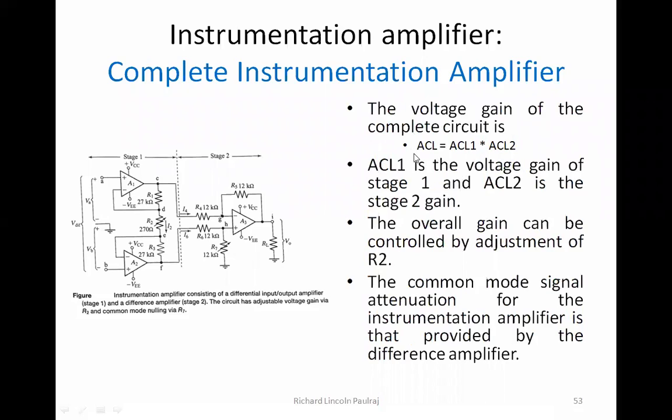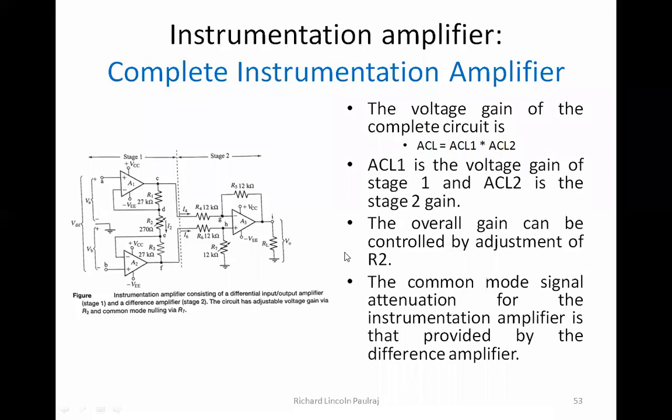ACL is equal to ACL1 into ACL2, where ACL1 refers to stage 1 and ACL2 refers to stage 2. So it's a combined effect. If I can change the gain of one of the stages, it is going to impact the overall gain of my instrumentation amplifier.